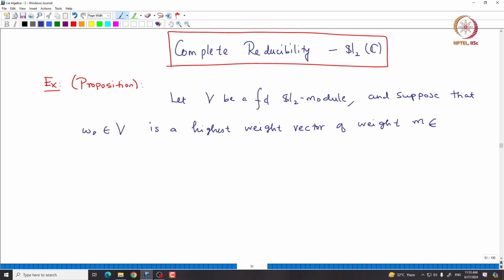To begin with, this m is just a complex number.